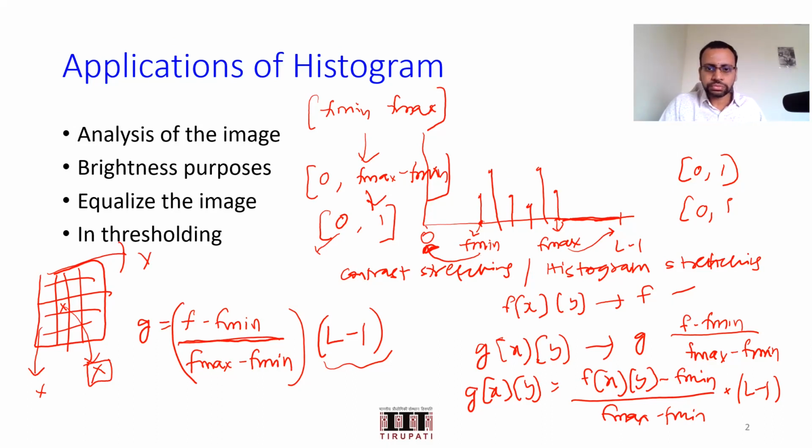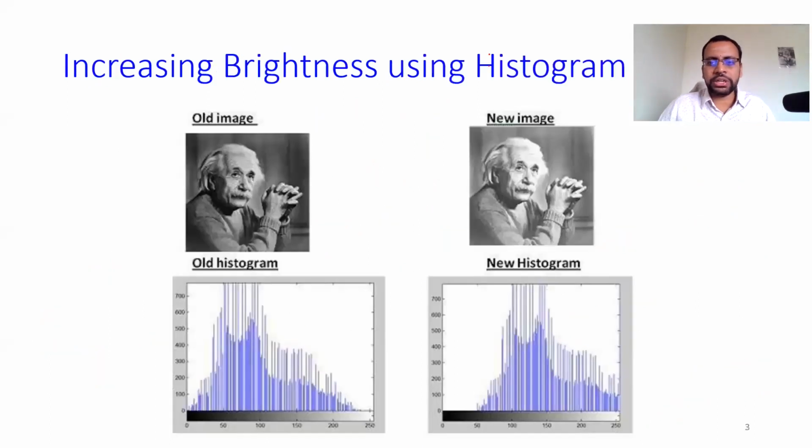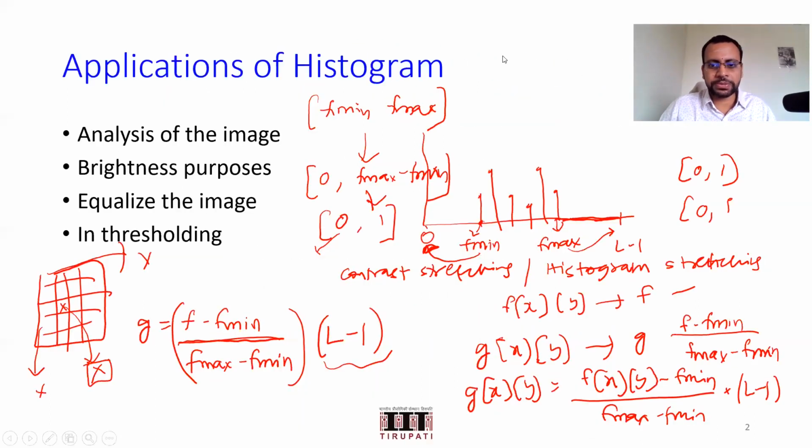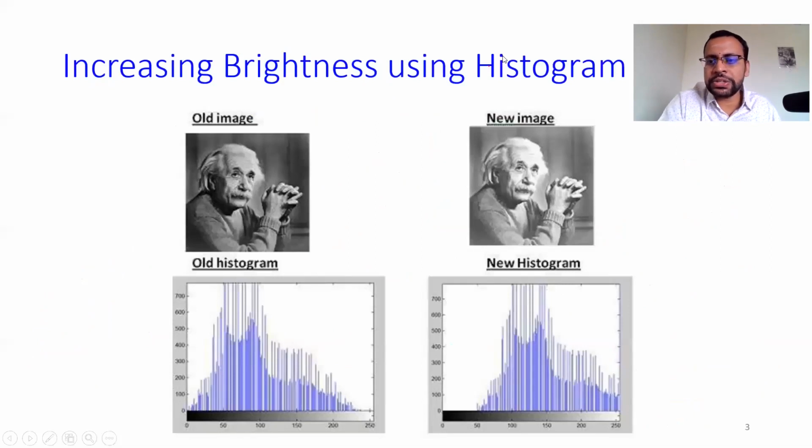Suppose I have a 1000 by 1000 pixel image. So I have totally how many pixels? 10 lakh pixels are there for me.